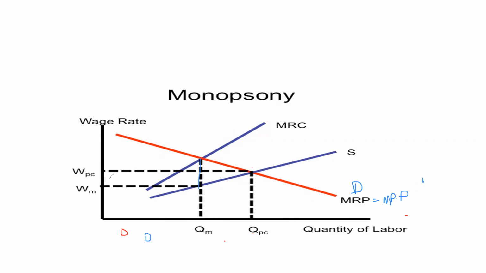Now, the last thing for this is if they put minimum wage, and I'm going to put it right in between those two, you would just take that line, and they would draw this line because it would probably be a multiple choice, and you take it right to the first, if it hits supply or demand, and that's the quantity. But it's good to know that minimum wage increases the amount of workers in a monopsony, and it's the only market that does it.